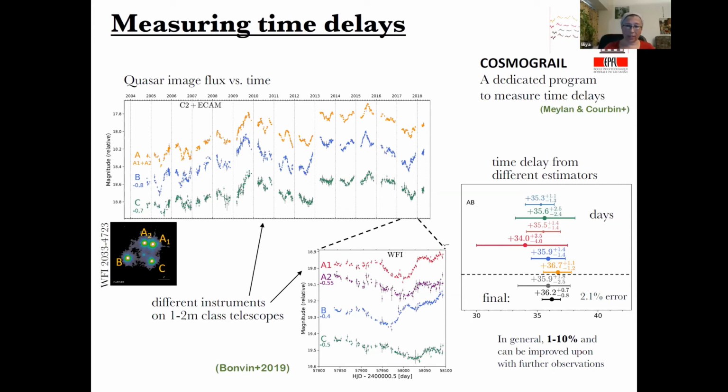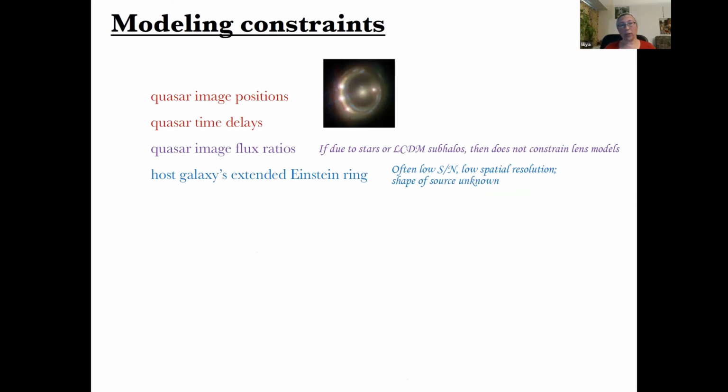In practice, of course, that's done in a much more sophisticated way, using different algorithms. And I have results for just one time delay of a typical measurement through these different ways of doing so. And the final result for this particular time delay is 36 days, and it's about 2%. In general, like I said, 1 to 10% is what we have. So that's the time delays. Now for the mass models.